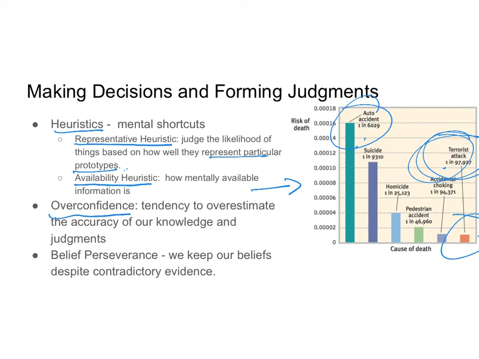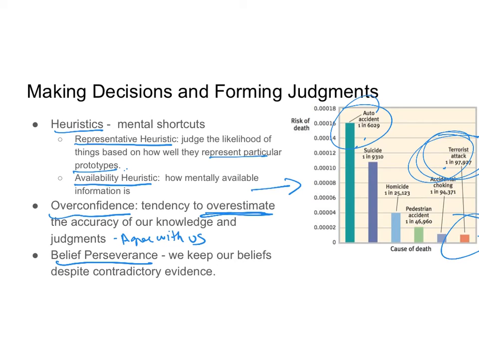Overconfidence is a tendency to overestimate the accuracy of our knowledge and judgment. We overestimate ourselves all the time. We think about things like the fact that we look for people to agree with us, right? So when we do that, it builds up this overconfidence. And then the final part is belief perseverance.